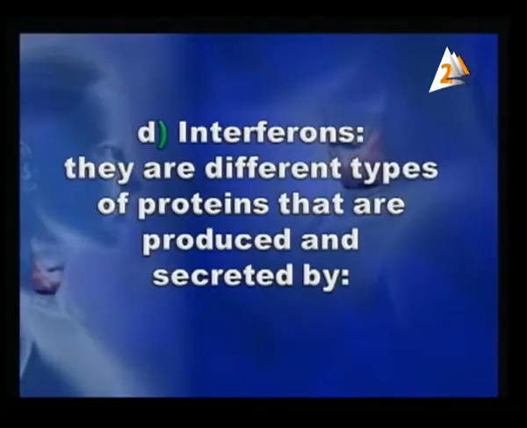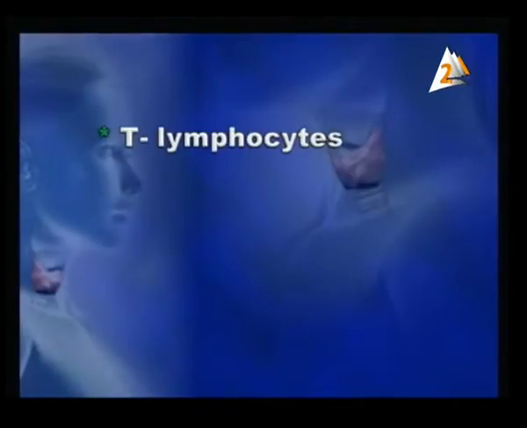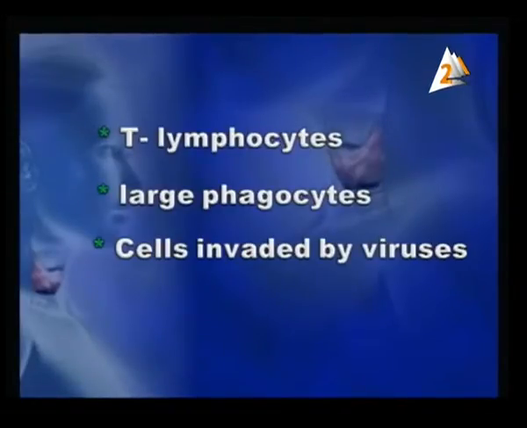Interferons are different types of proteins that are produced and secreted by the T lymphocytes, large phagocytes, and cells invaded by viruses. They prevent the virus from reproducing and spreading in the body.